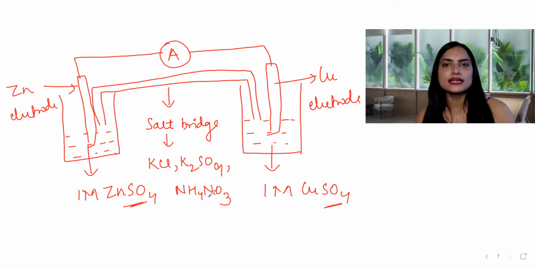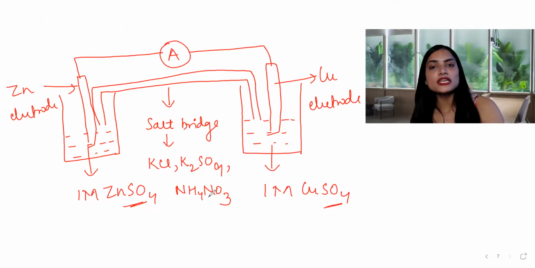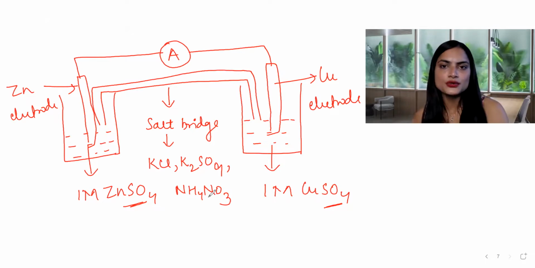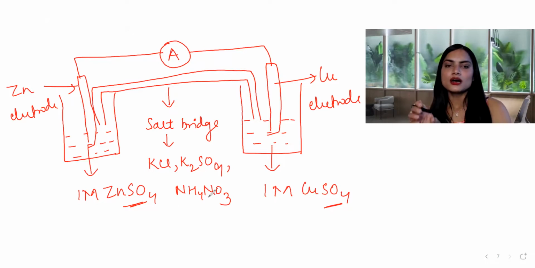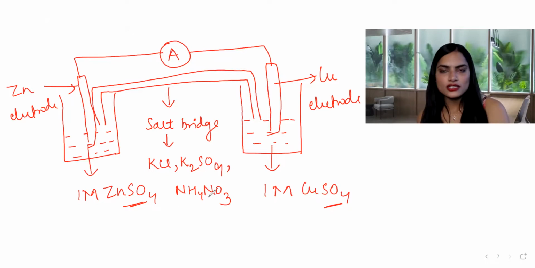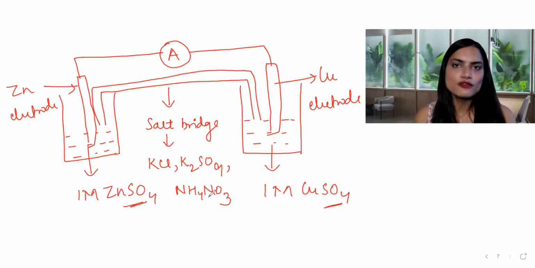Once the circuit is completed, what we have done in making this cell is: we have taken one beaker containing 1 molar zinc sulfate solution in which a zinc electrode is dipped, and another beaker containing 1 molar copper sulfate solution in which a copper electrode is dipped. These two electrodes are connected via a wire in which an ammeter is also put, just to check whether the current is flowing or not.